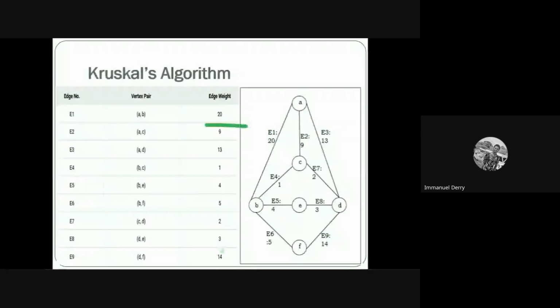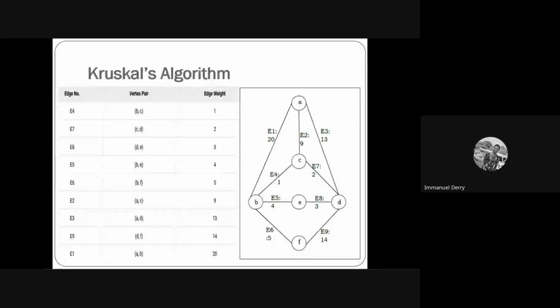If any of the edges being picked forms a circle, it will discard it and move on to the next. So that is how the Kruskal algorithm basically works. Are we clear? And then you see the weights of the edges are being arranged in this particular order.